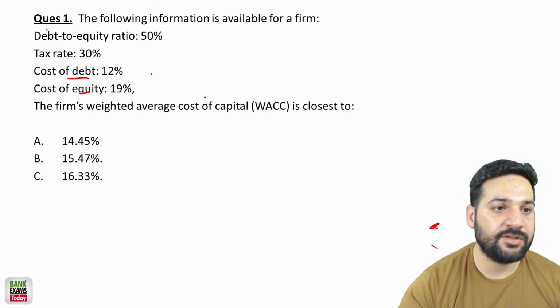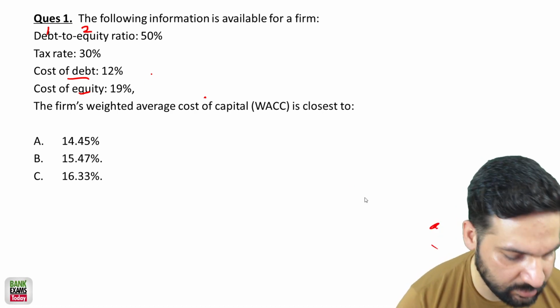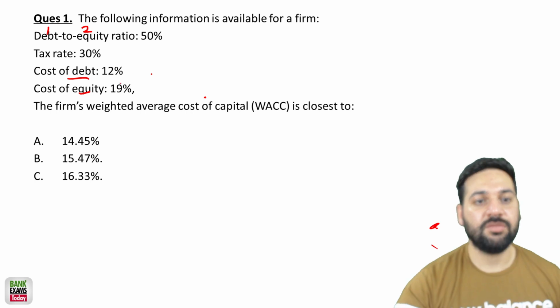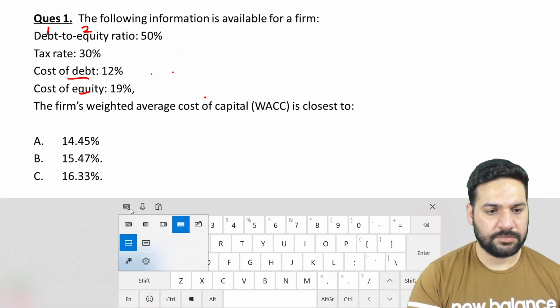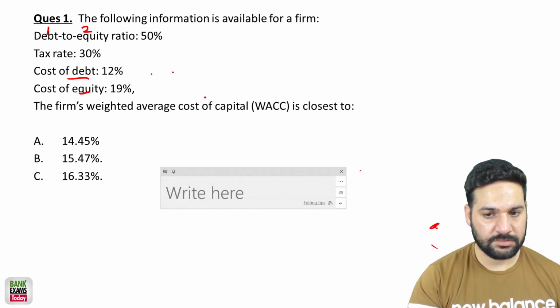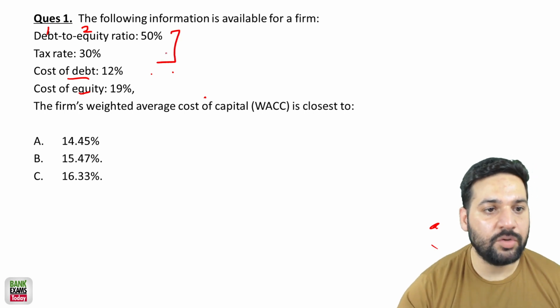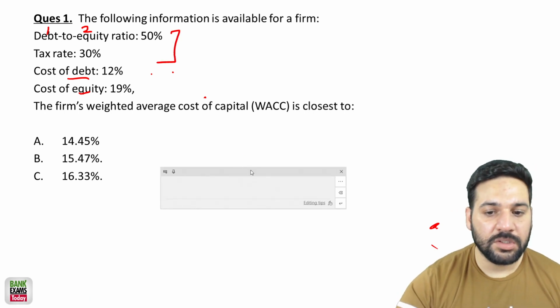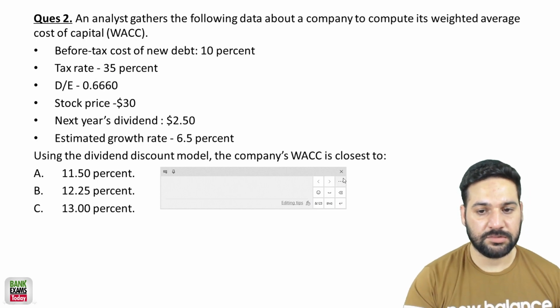So if debt is 1, equity is 2. Why is it happening? What's happening there?